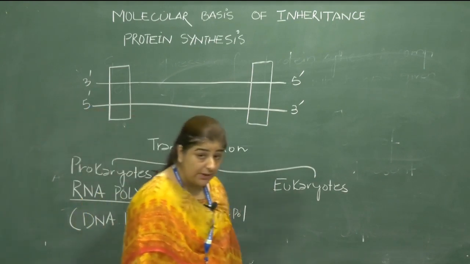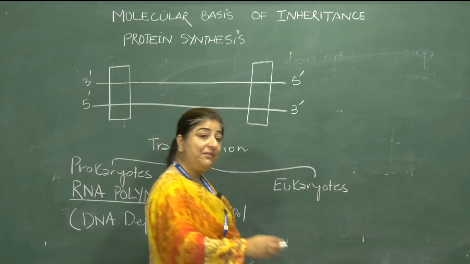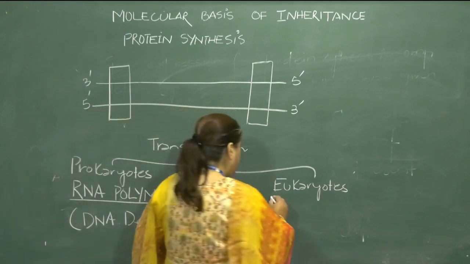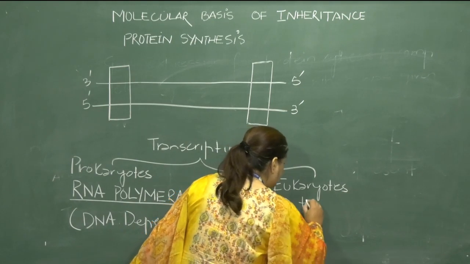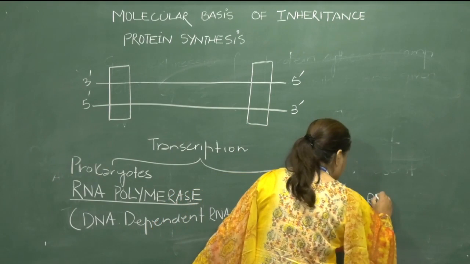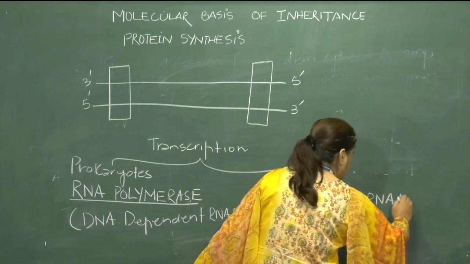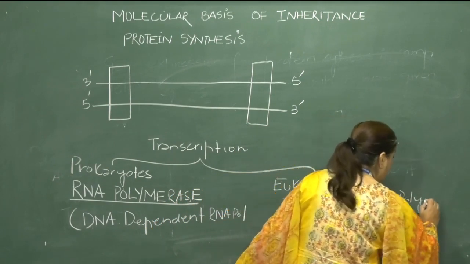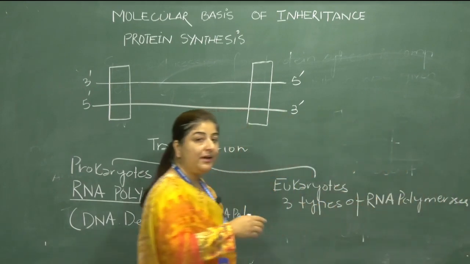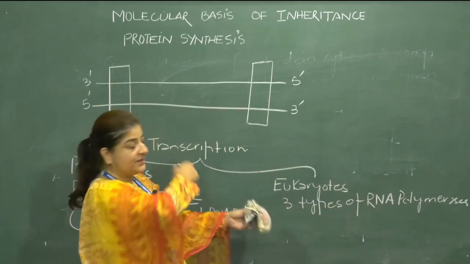In eukaryotes we have three types of RNA polymerases that are involved in the process of transcription.